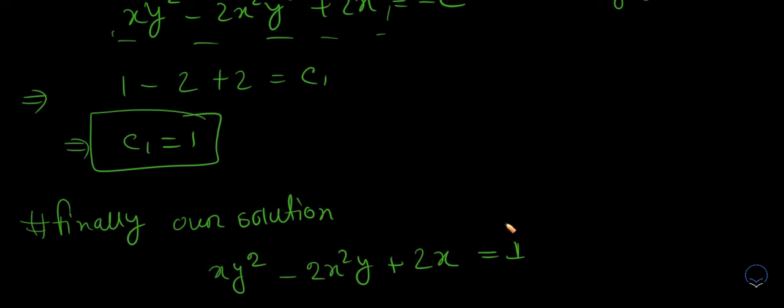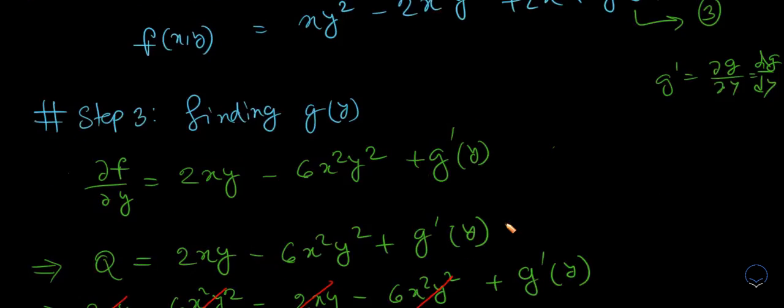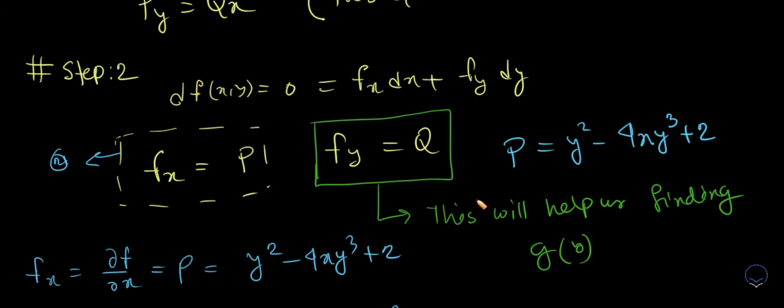And the same solution can be obtained if we had started with f_y equals Q. Then you would have to integrate Q with respect to y. Then you would have to find some h of x.